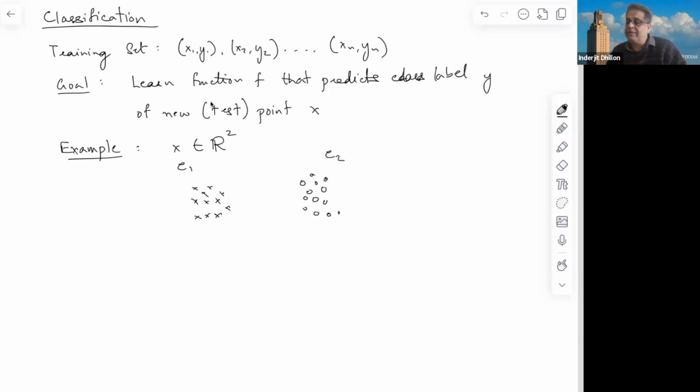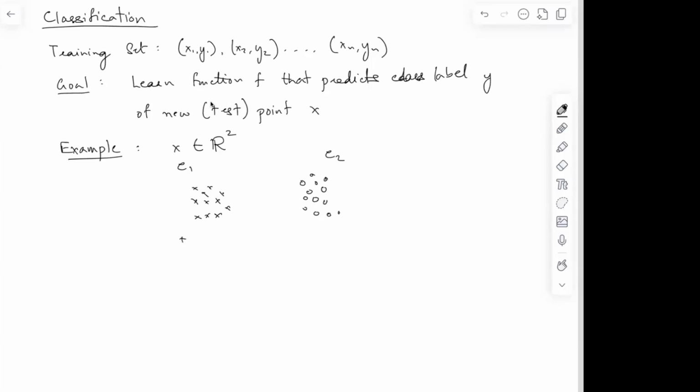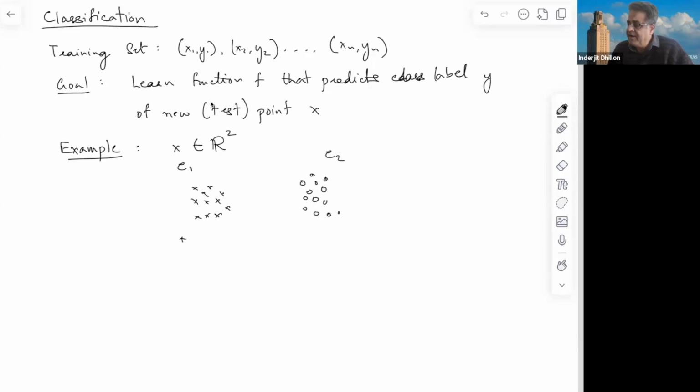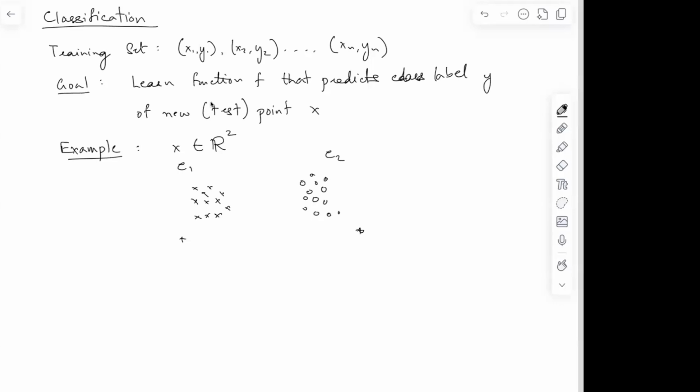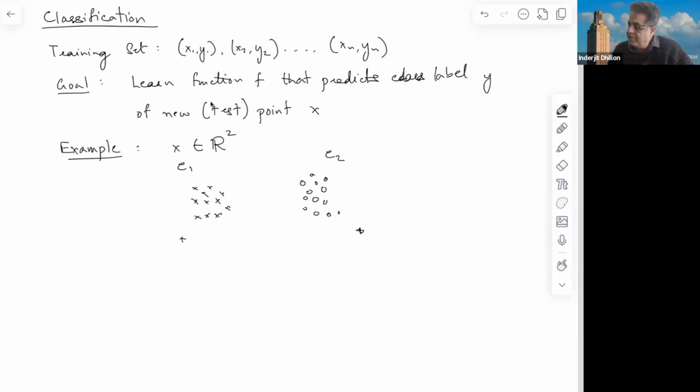So given a new x, right? Suppose a new x comes to be here. What class would you give it? C1, right? And then given some point over here, I would give it C2, right? What if I now start getting somewhere in between?